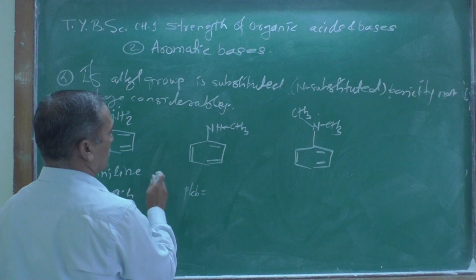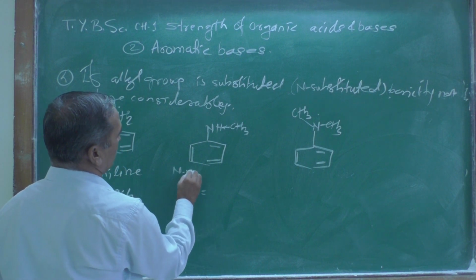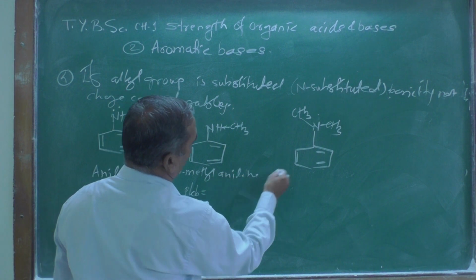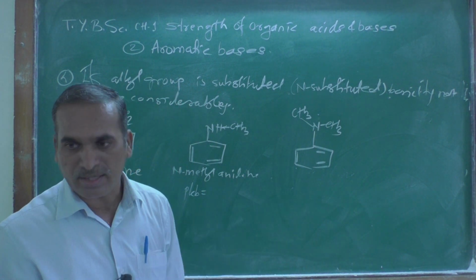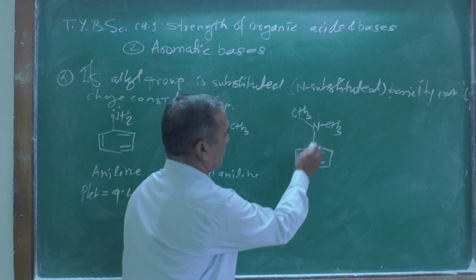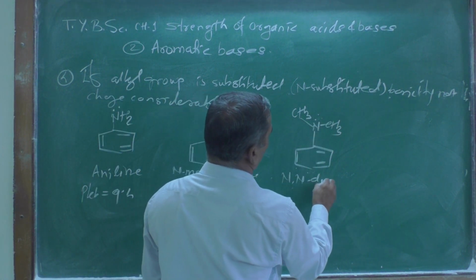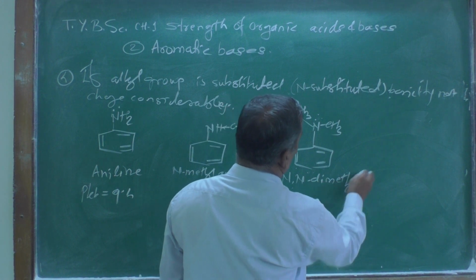The name of this compound is N-methyl aniline, and the last structure is called N,N-dimethyl aniline.